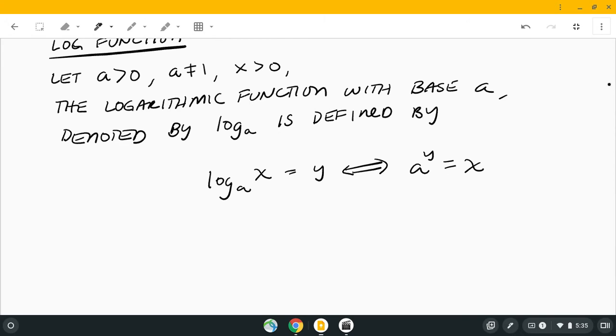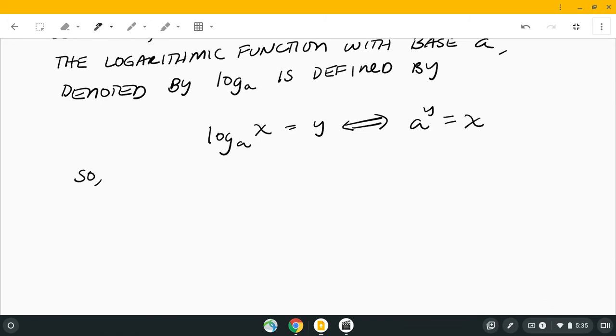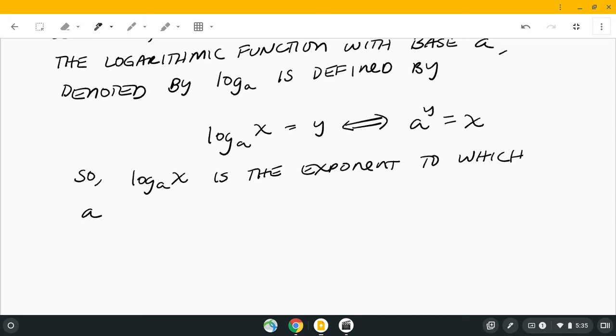Okay. So log base a of x is the exponent to which a is raised to get x.